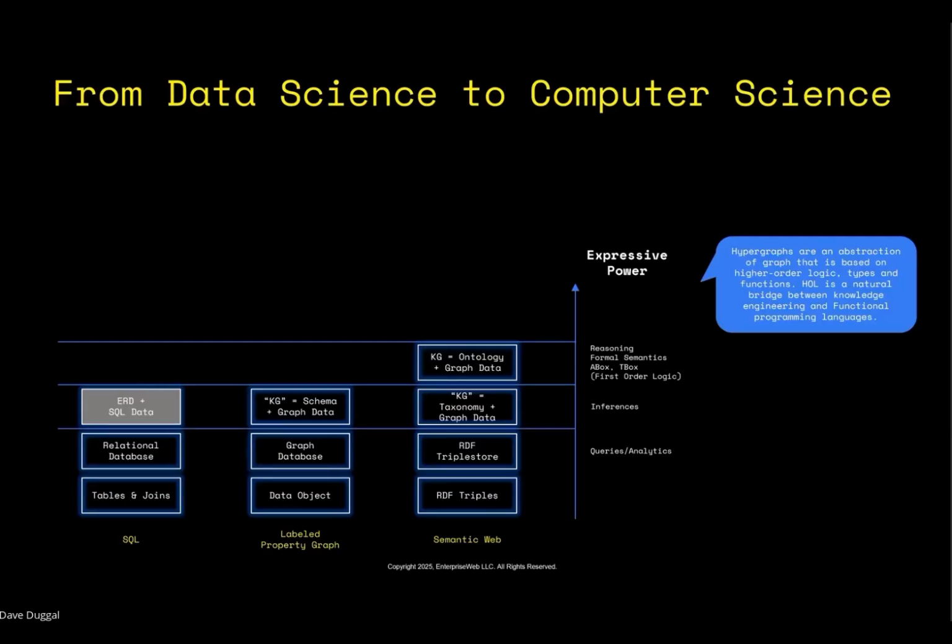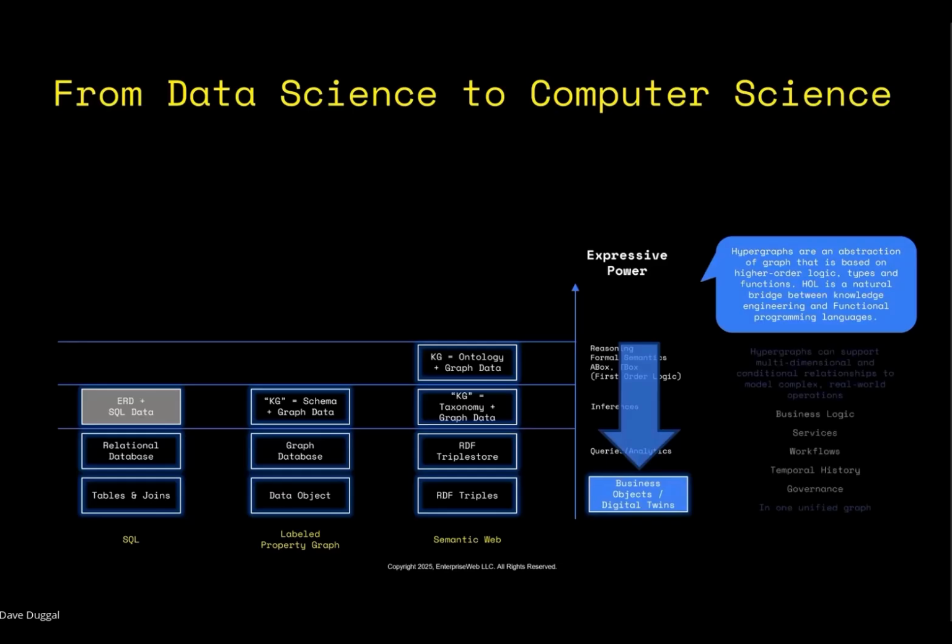Instead of building things up just from a data structure, we're essentially creating abstractions that let us map down into data. So now, instead of just data objects, we have business objects and digital twins. This dimension of hypergraphs supports multidimensional and conditional relationships.